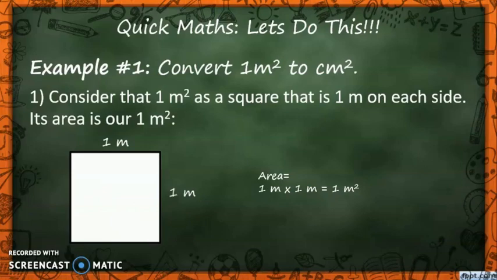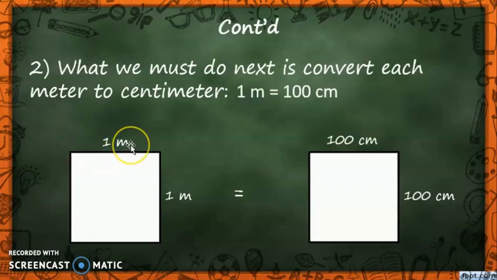Alright? Step 2. What we must do next is convert each meter to centimeter. So next, we find what 1 meter equals in centimeters. So here we have that 1 meter equals 100 centimeters. Let's check our metric line to see if we're on the right track.